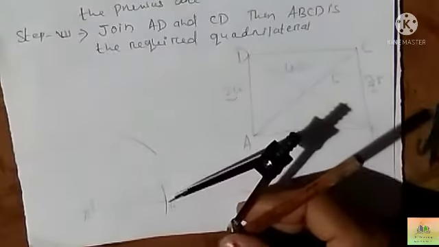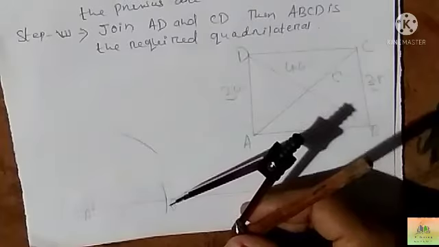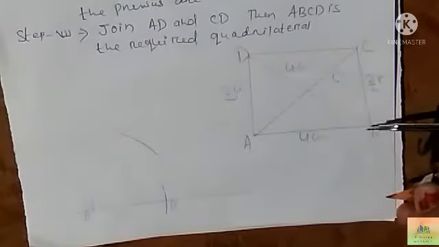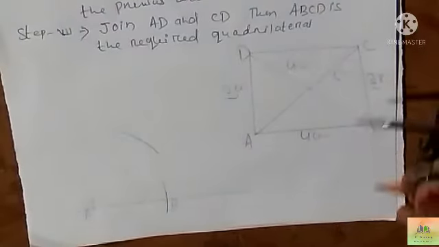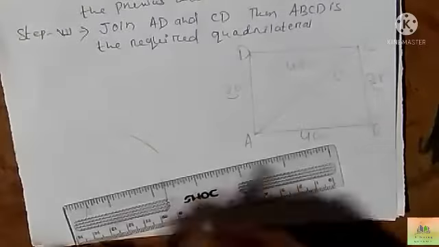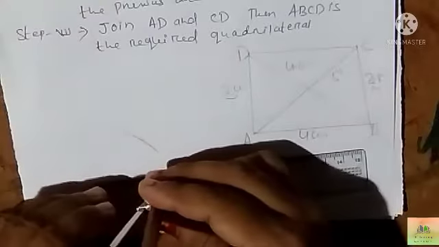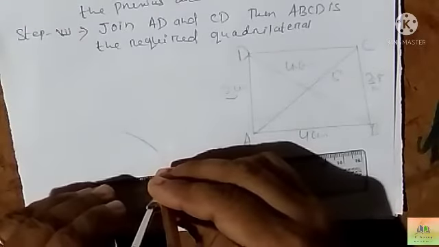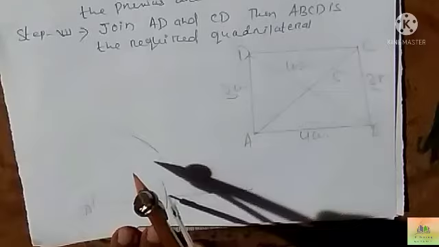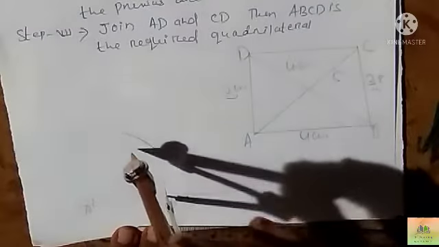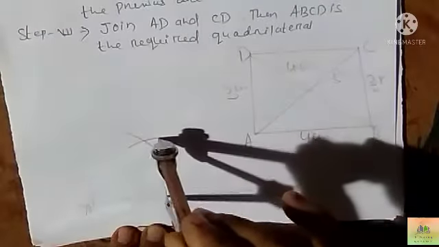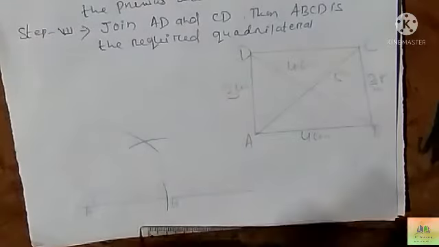Again with B as the center and radius equal to 3.8. Why? BC is equal to 3.8. So at the center B we measure 3.8, then we draw another arc. Okay, both are cutting at this point. So what is this point?